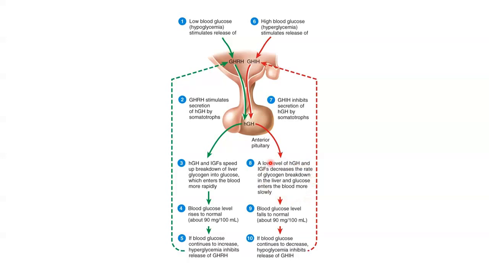This reduces the amount of human growth hormone and those insulin-like growth factors in circulation. It stops the breakdown of glycogen in the liver, and our blood glucose levels will fall. If that blood glucose level continues to fall, that low blood glucose level will then come back and inhibit the release of growth hormone inhibiting hormone, which at the same time will cause the release of growth hormone releasing hormone. It's a bit of a complex negative feedback loop there.